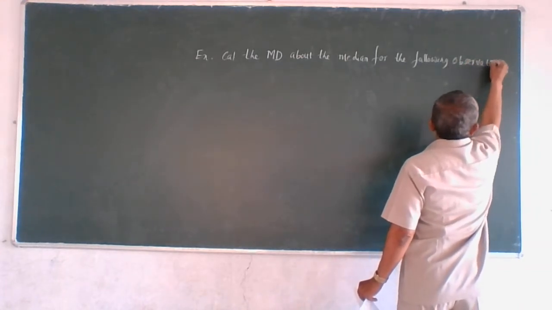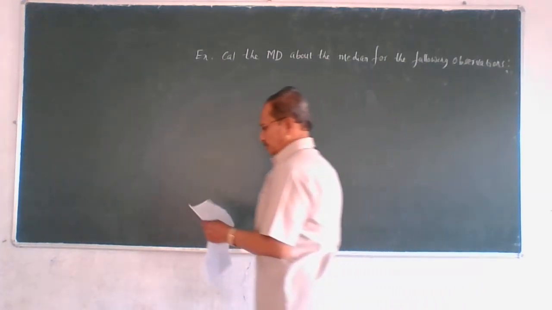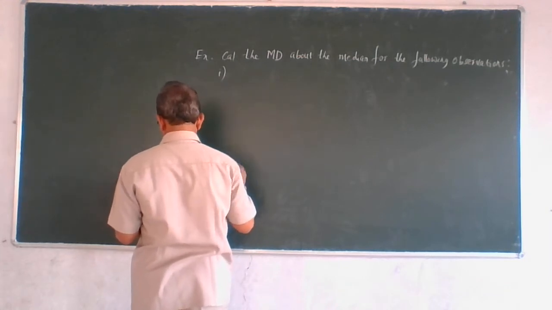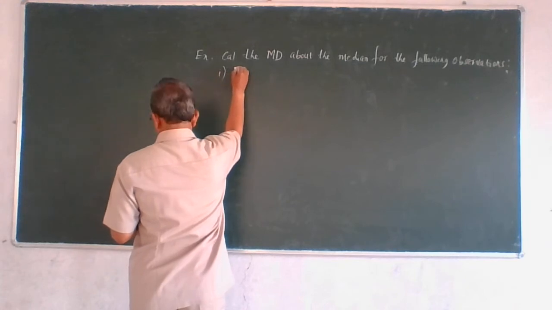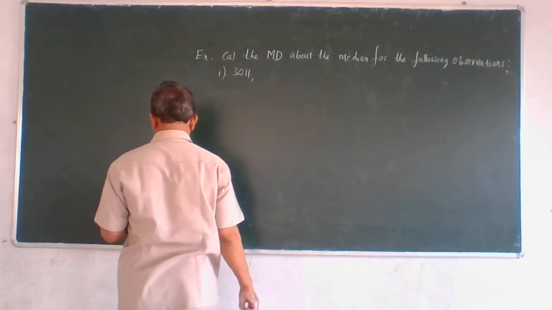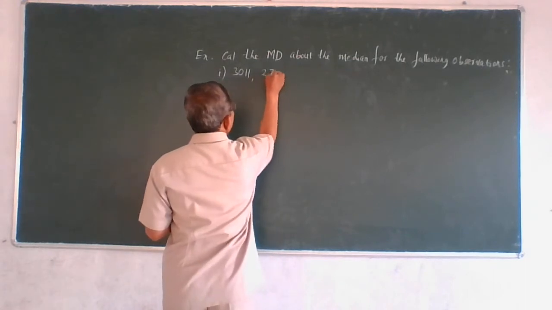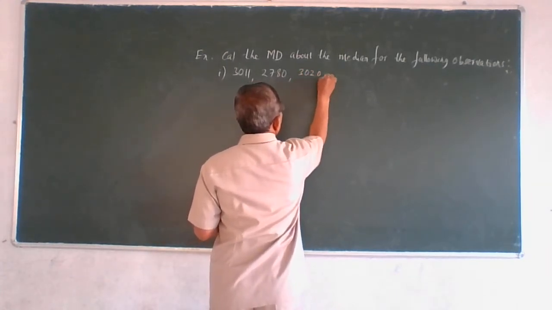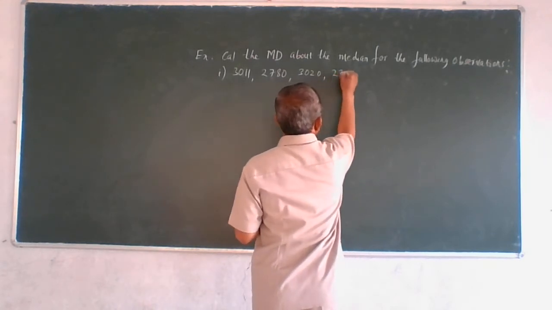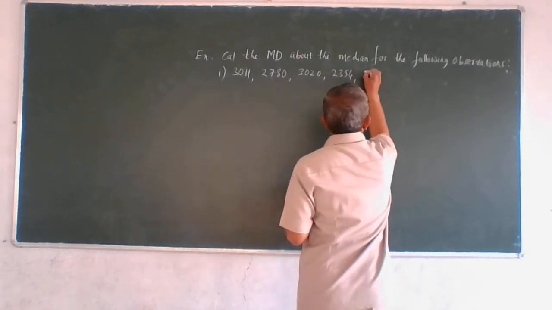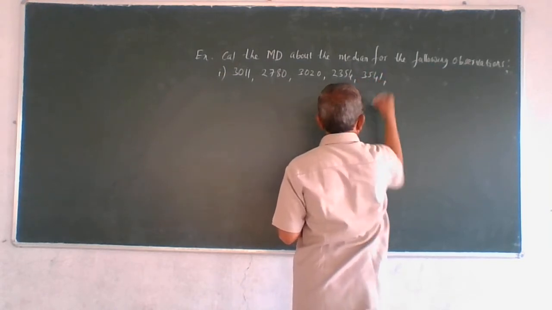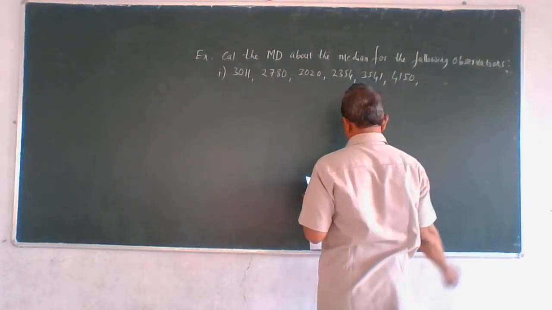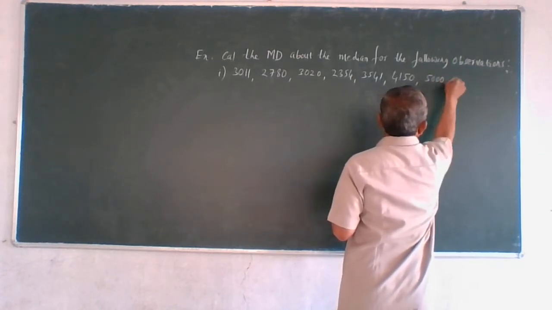First example, first set of observations: 3011, 2780, 3020, 2354, 3541, 4150, and the last 5000.